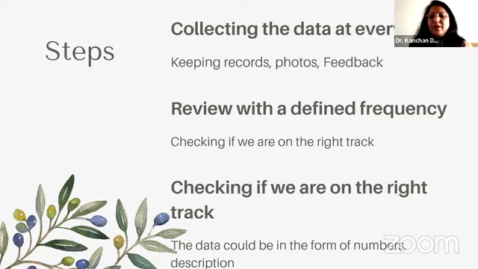So it is up to you, but whatever frequency you have defined for whatever step, you have to review that and find out if you are on the right track. If you're not, then you can go back and correct that.